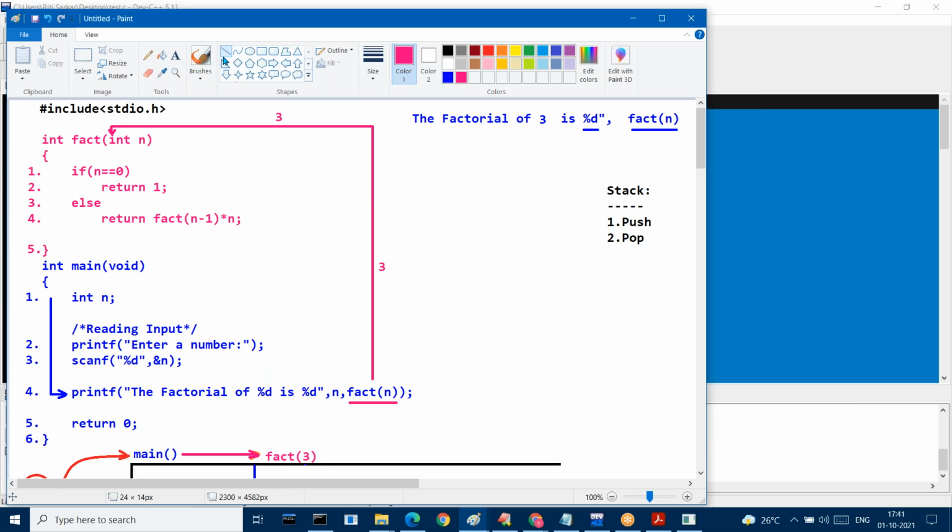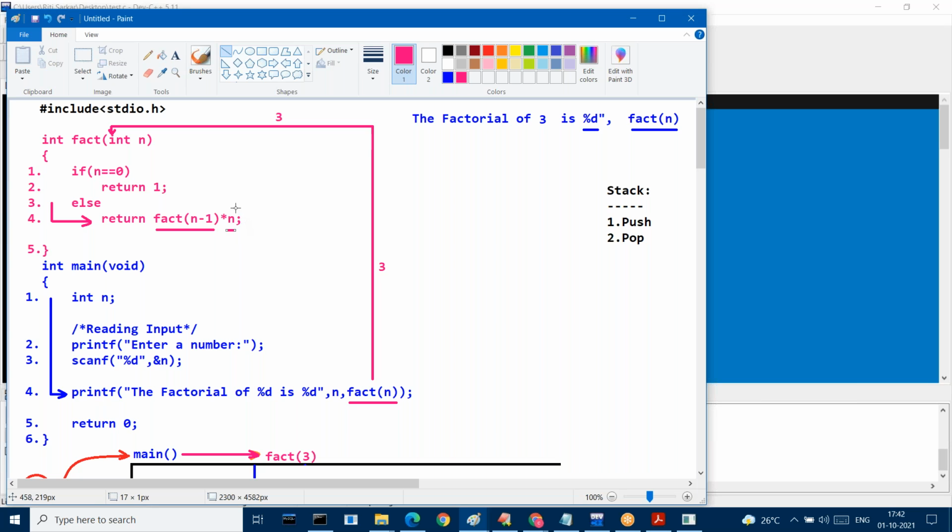Line number 1 done. Is n 0? No. Return 1 will execute? No. Coming to else, what? Return. But to return, it came here. Return will definitely execute, but only in that case if you have this value and this value.